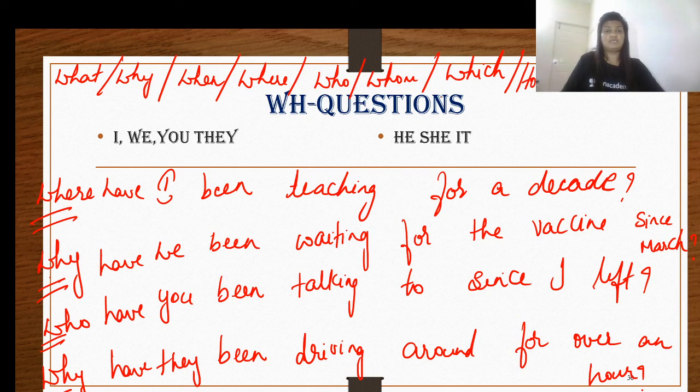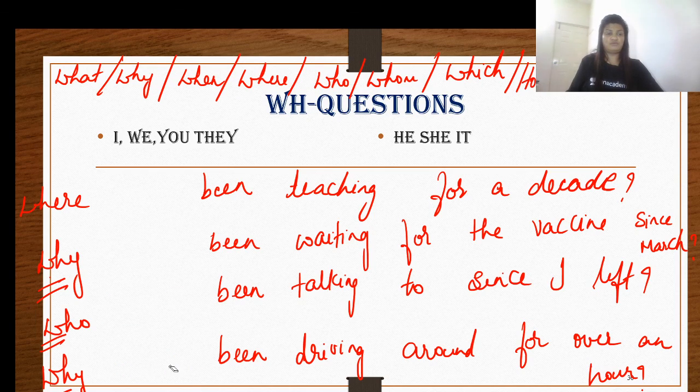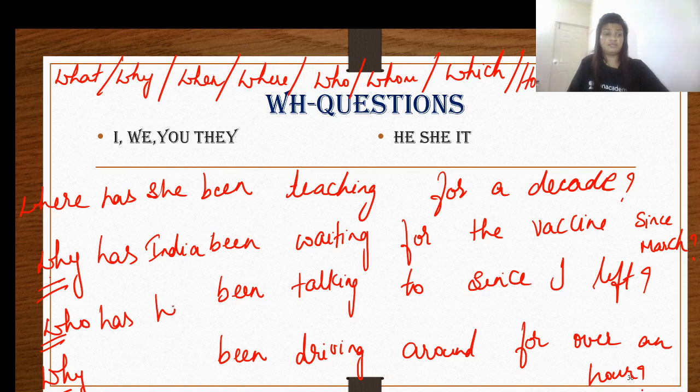With the subjects he, she, and it, all you do is change the verb. You use has with she, India, and he.